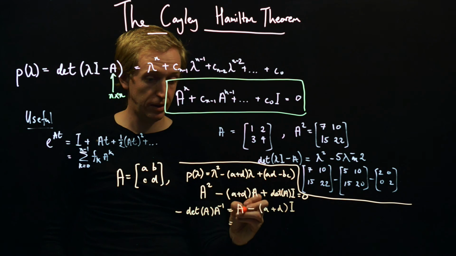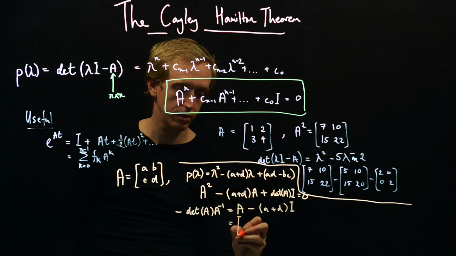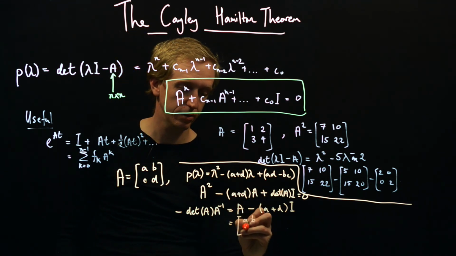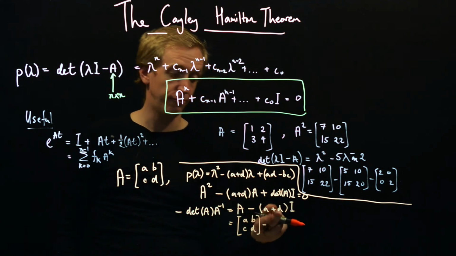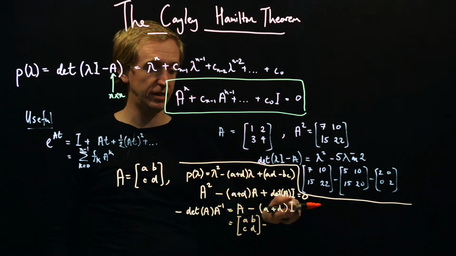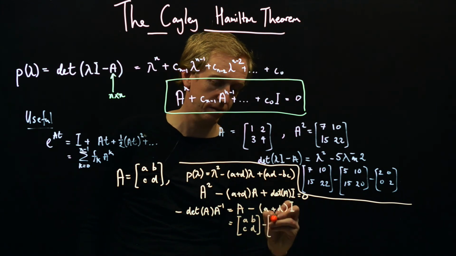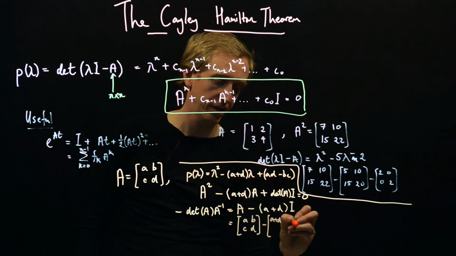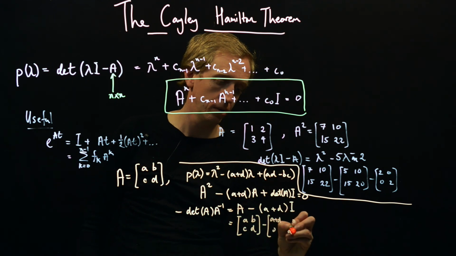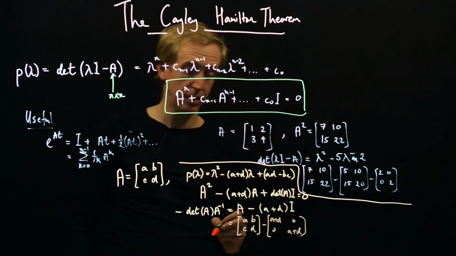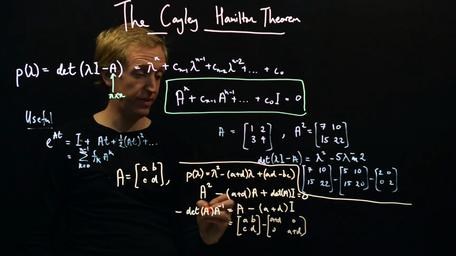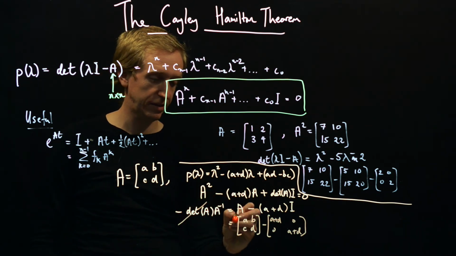So A is just a, b, c, d. And from this, we're going to subtract (a plus d) multiplied by the identity. So here we just have a plus d on the diagonal, and we have 0 off the diagonals. And we've got a minus determinant of A, so let's just divide through by that.